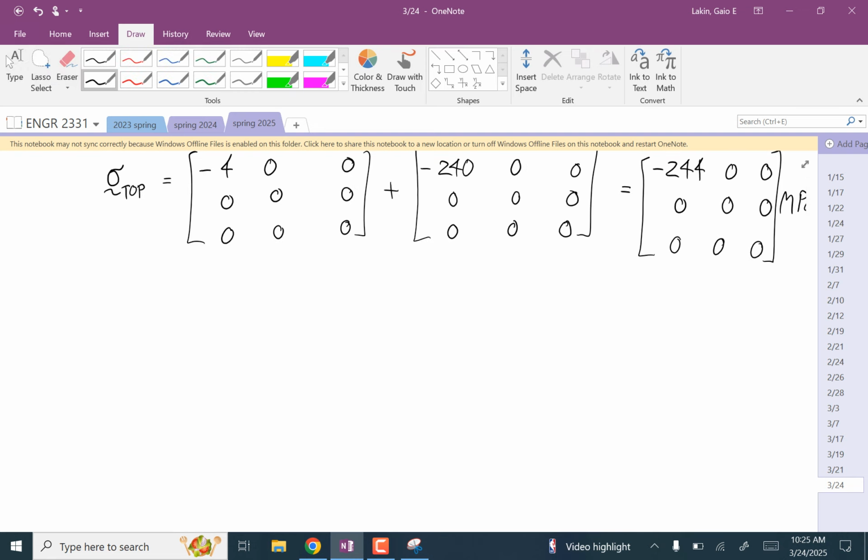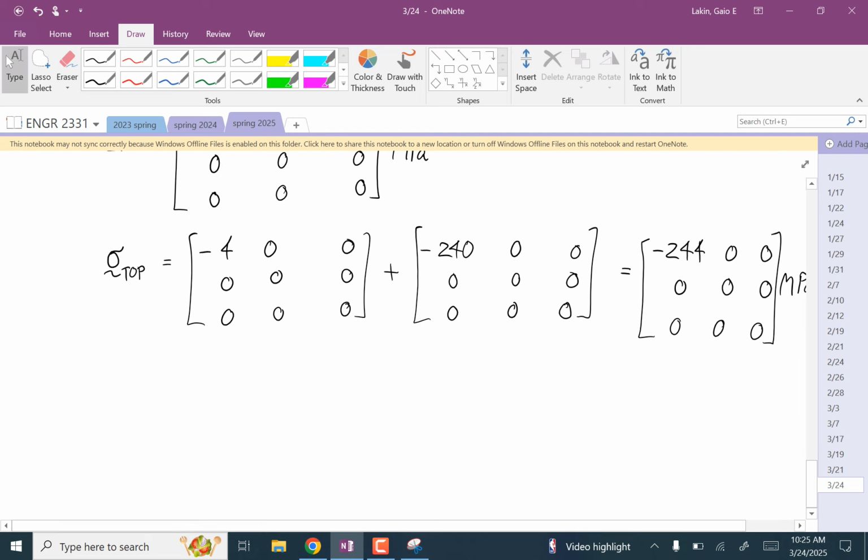Okay, but let's think about the bottom now. So this worked out the way that we figured out it was going to work. You have compressive stresses at the top because of the way the couples work, and you have compressive stress due to compression. And so those add and you get this. At the bottom, what's the answer going to be before we do the calculations? 236, exactly.